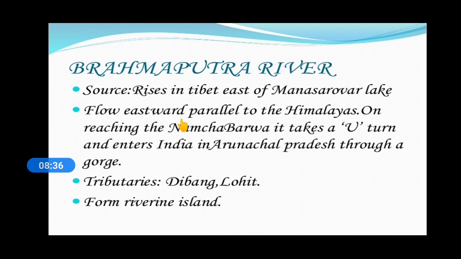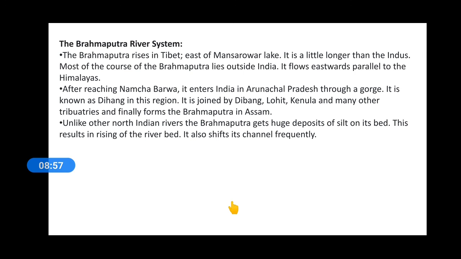It flows eastwards parallel to the Himalayan ranges. On reaching Namcha Barwa, it takes a U-turn and enters India in Arunachal Pradesh through a gorge. It has tributaries called the Dibang and Lohit.